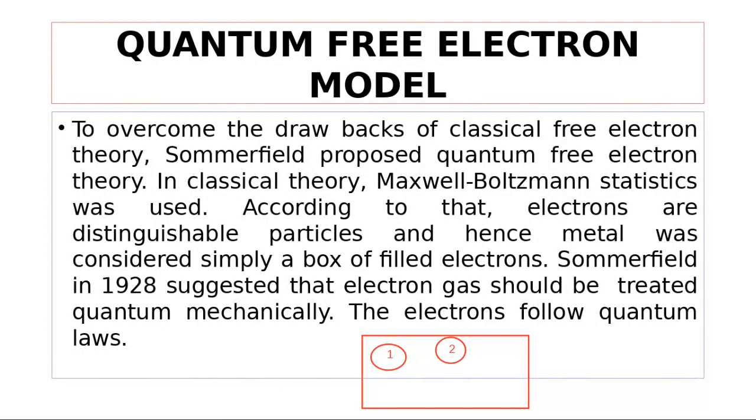And if you shake that box, and after a certain time the two balls are at different positions, you can still distinguish them: this is the second one and this is the first one.